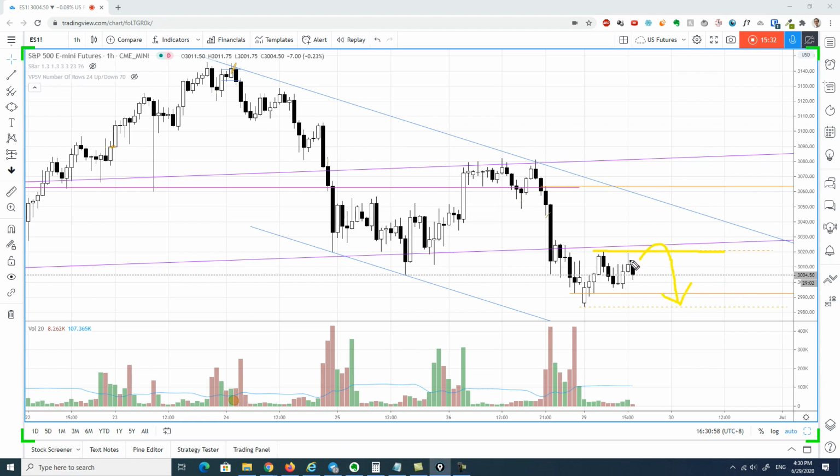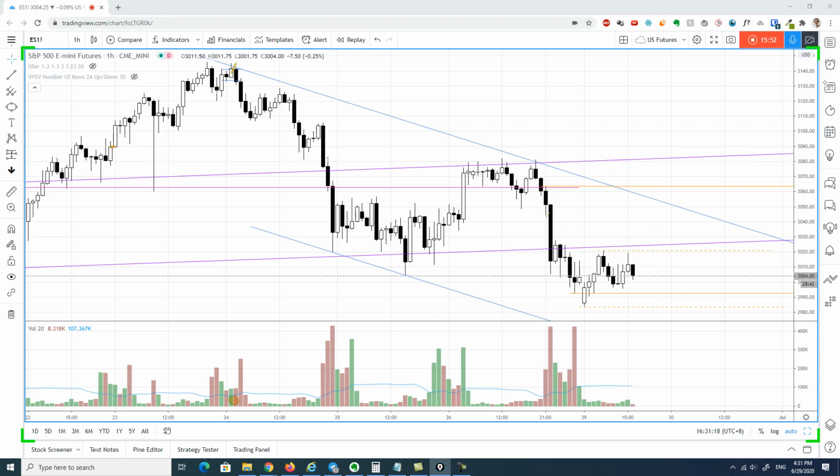Otherwise, I will just wait for a better rally to actually test this selling bar here, and also coincide with the resistance formed by the channel. All right, so that's pretty much it for the potential setup.